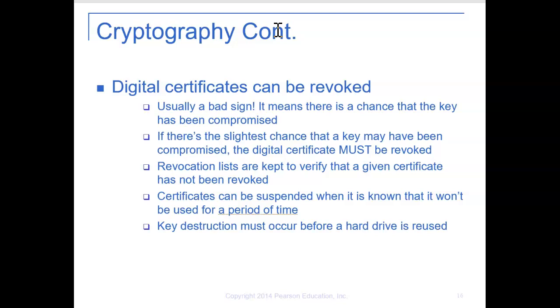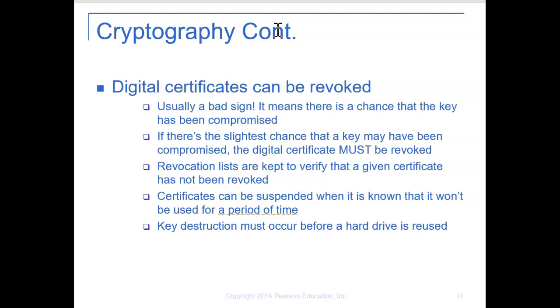So there's a built-in defense against the fraudulent use of certificates, and that's called certificate revocation. The CA, which issues a digitally signed certificate, will distribute a certificate revocation list.